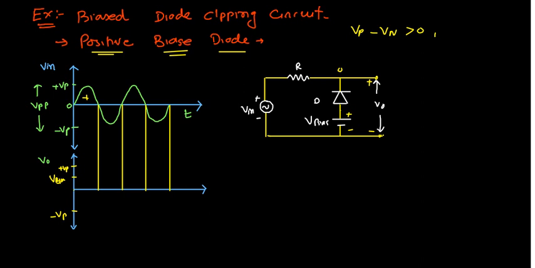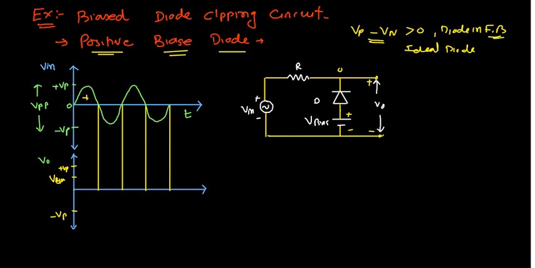Then only this diode is in forward bias. That condition is for an ideal diode only. We consider this diode as ideal because nothing is given, it is not silicon or germanium. If it is silicon, this should be greater than or equal to 0.7, right? If it is germanium, that should be 0.3 for the forward bias of the diode.